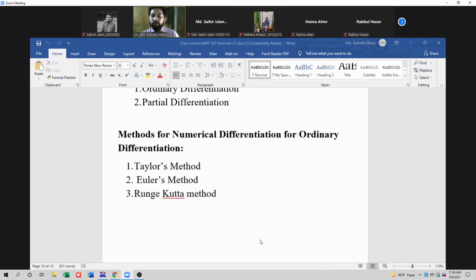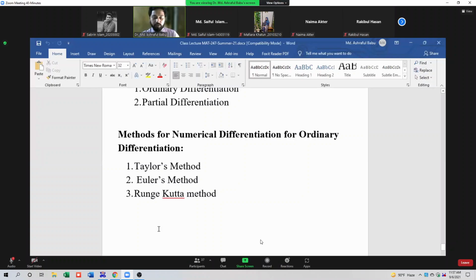So first of all, you have to define the form. The first method we are using is Taylor's method.